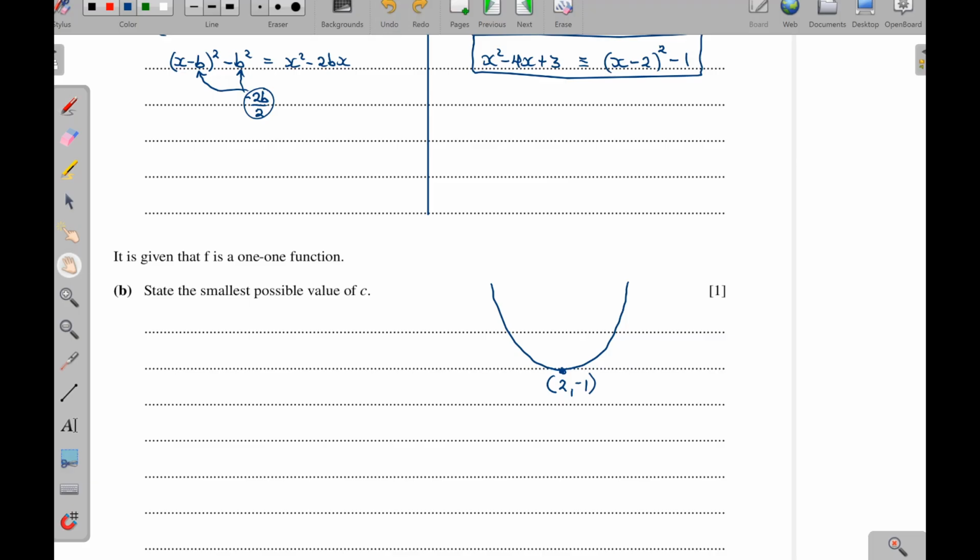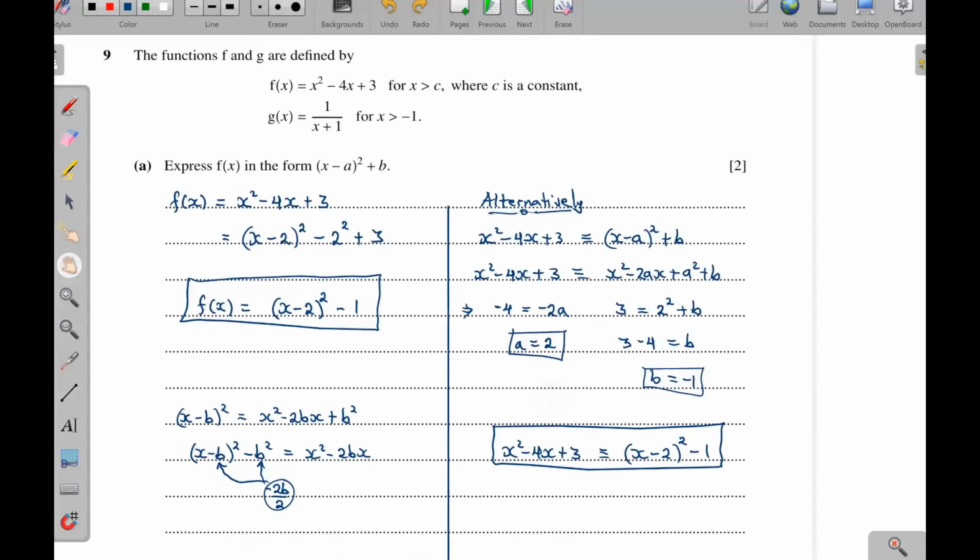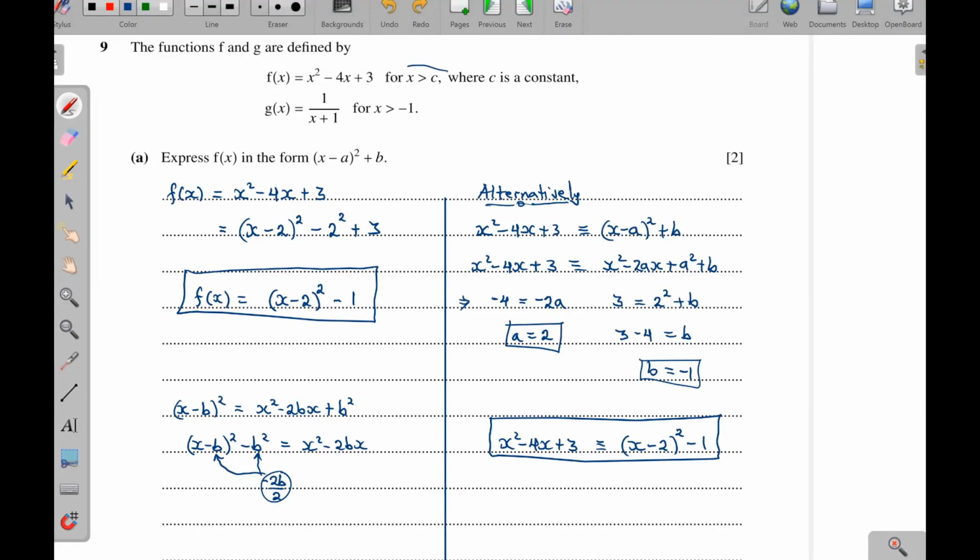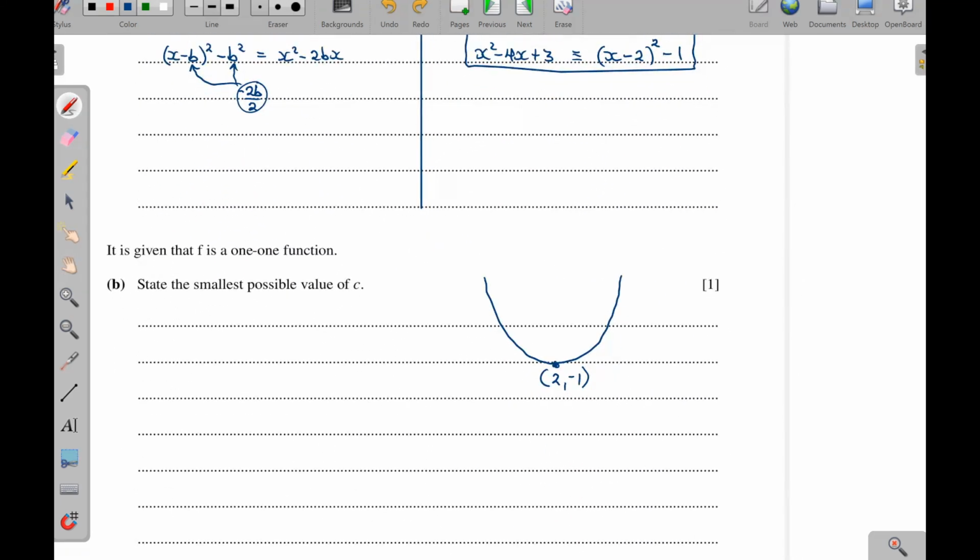You see that? So as it talked about here, they said x greater than c. So we are looking at the right side of this turning point. Okay, so the smallest possible value of c at which this function is 1-to-1 is at the turning point, because this is where the function is changing the direction.